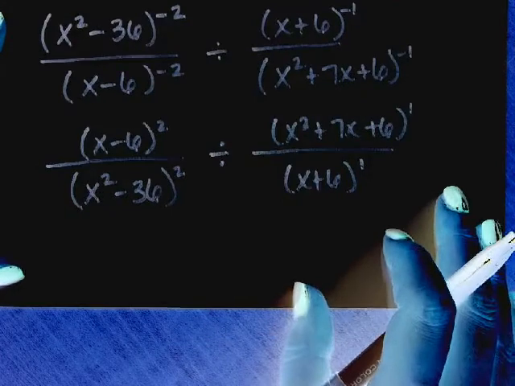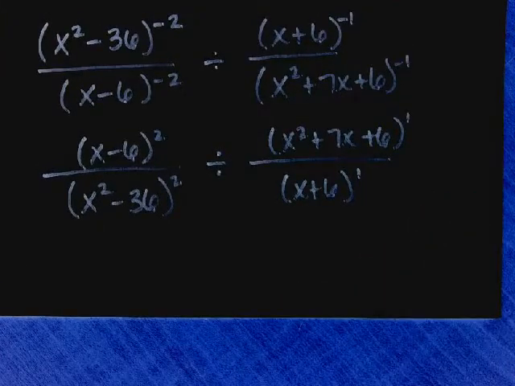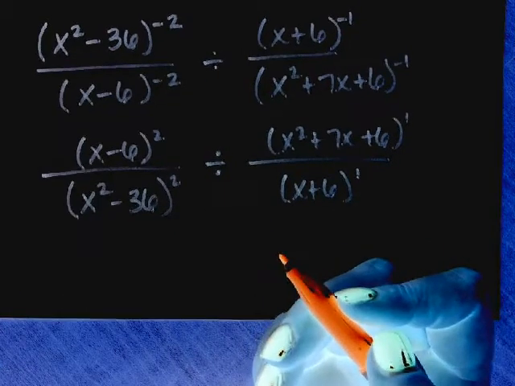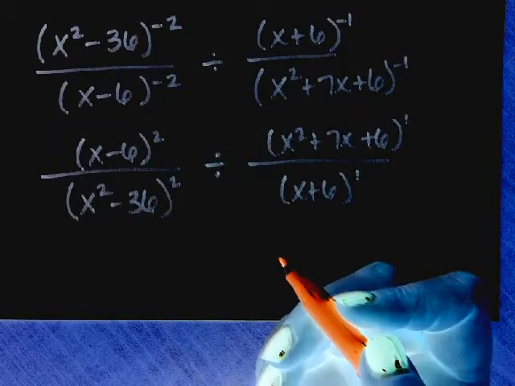So now I can go ahead and do the stuff that I have learned as a result of this unit, right? We're going to do keep it, change it, flip it. What I've noticed is that when students factor, they tend to start canceling like crazy.